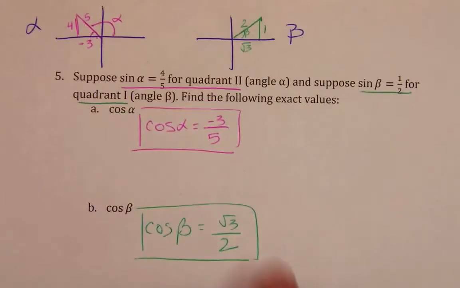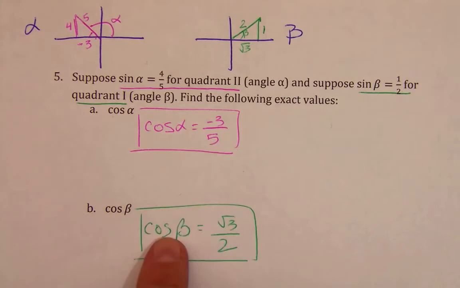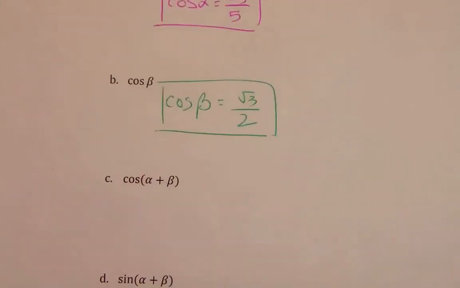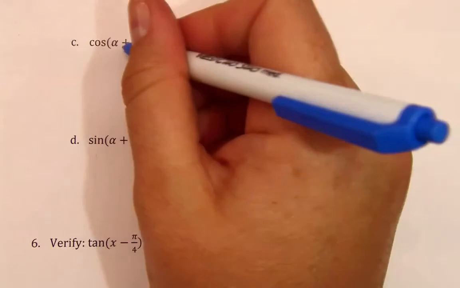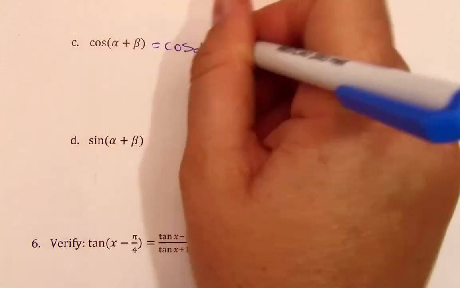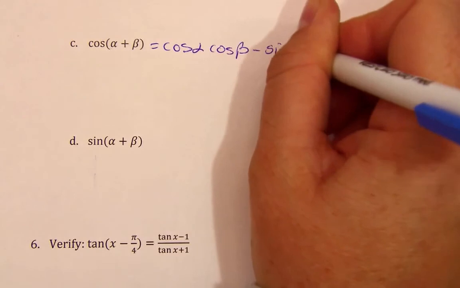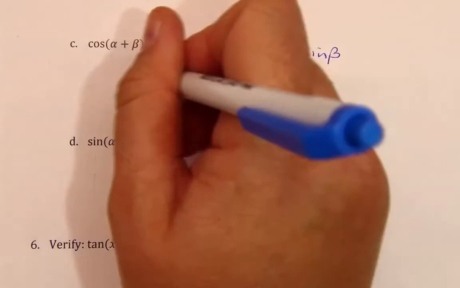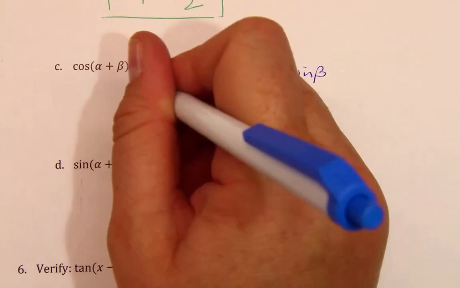Now we have sine of alpha, sine of beta, cosine of alpha, and cosine of beta. So now we can solve these as well. So it'll just be a matter of substituting things. So cosine of our sum here is going to be cosine of alpha, cosine of beta, minus sine of alpha, sine of beta. And cosine of alpha is -3 over 5.